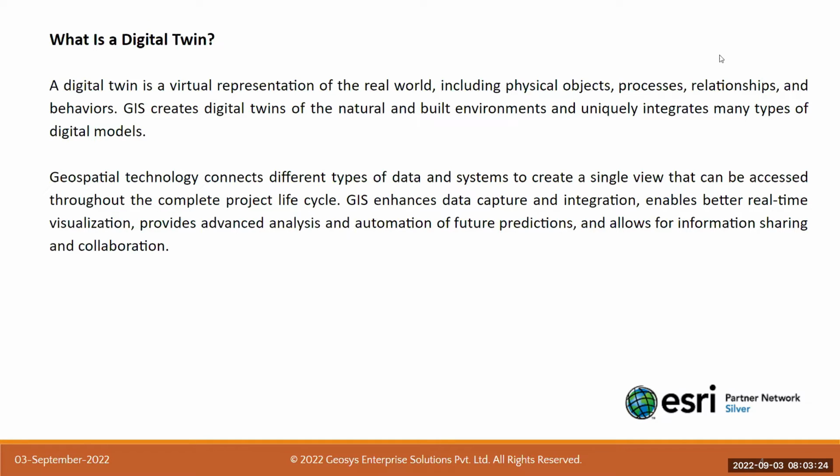The reason being, all the physical processes and objects you're trying to get into a digital twin become much more valuable when you add GIS, the location information to it, and you can derive a lot of insights out of that location intelligence. That is possible when you integrate your digital twin with GIS.